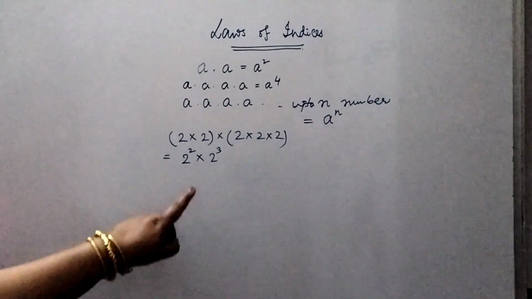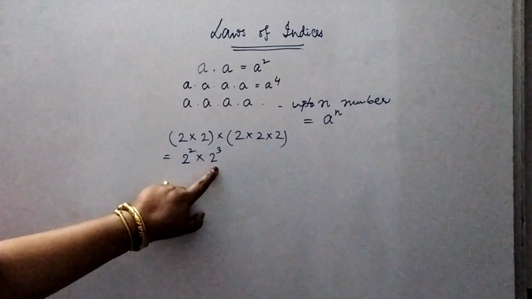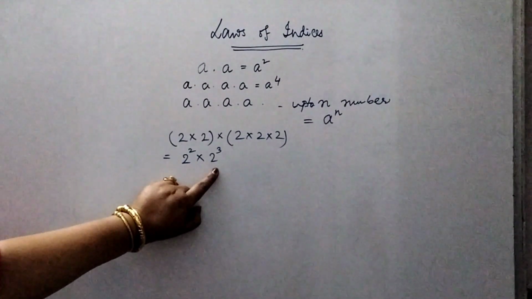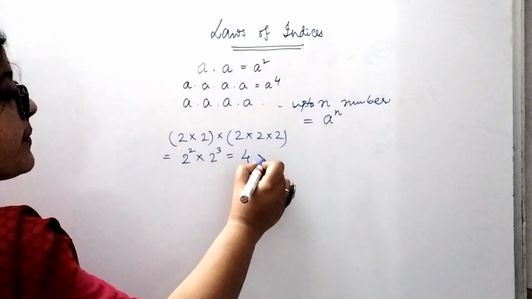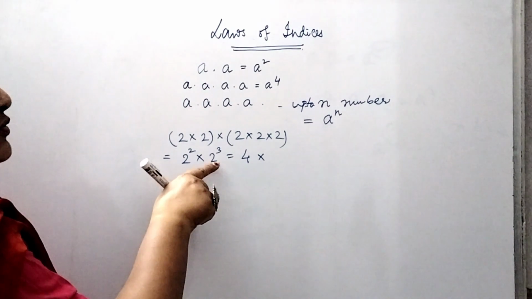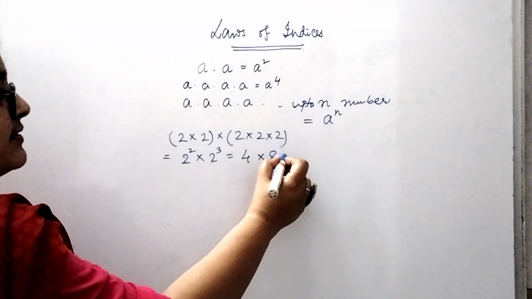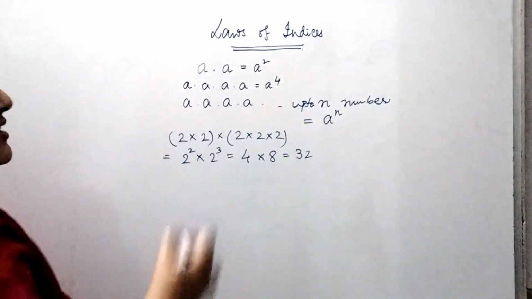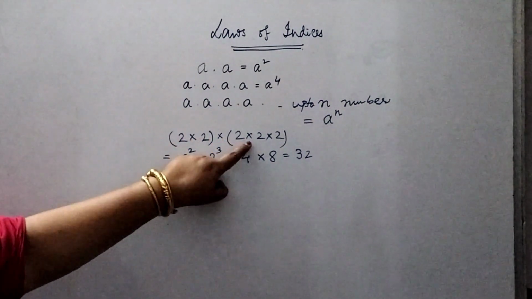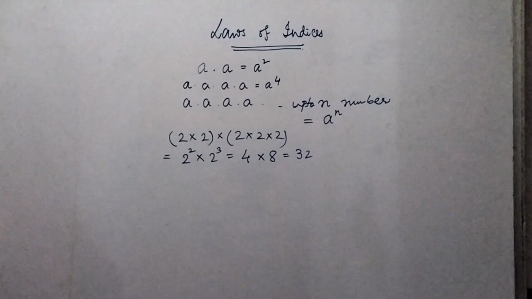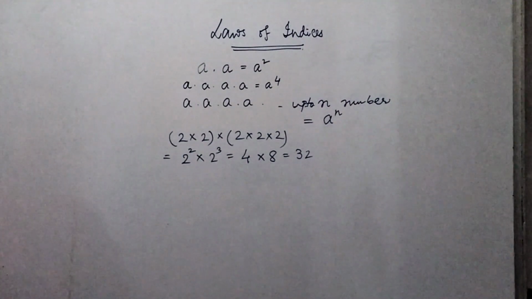So now if we multiply these two numbers, what will we get? 2 squared will give us 4 and 2 into 2 into 2 will give us 8. So we are getting 32 as a result. Now instead of considering these two brackets separately, if we consider all the 2's together, then what will happen?